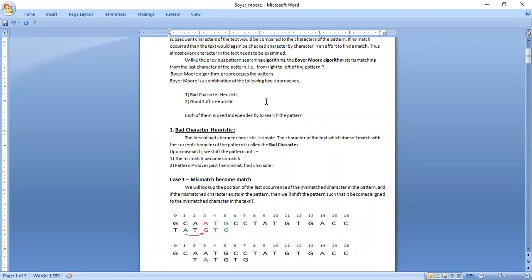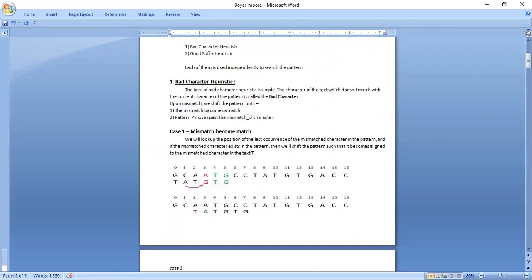Either the bad character rule or the good suffix rule, any one it can use. It is not that we are supposed to use both at a time. Only one can be used. So let's see what the bad character heuristic, that is the bad character rule, is.